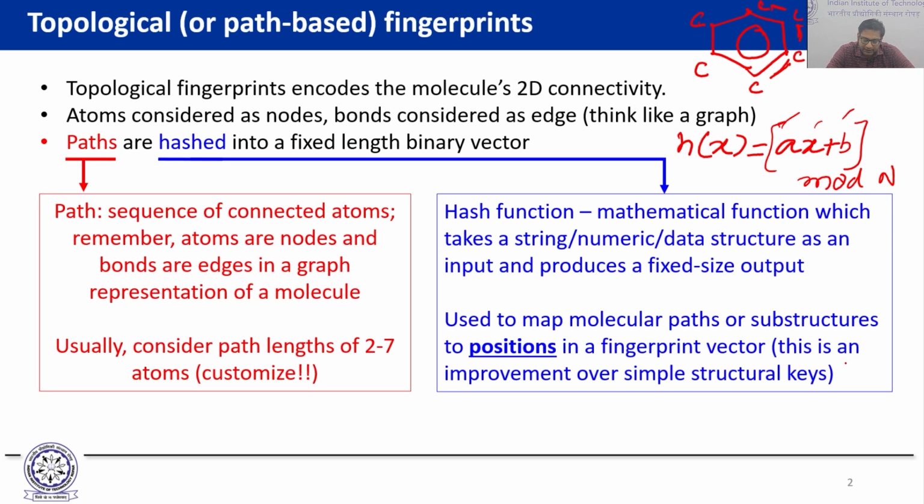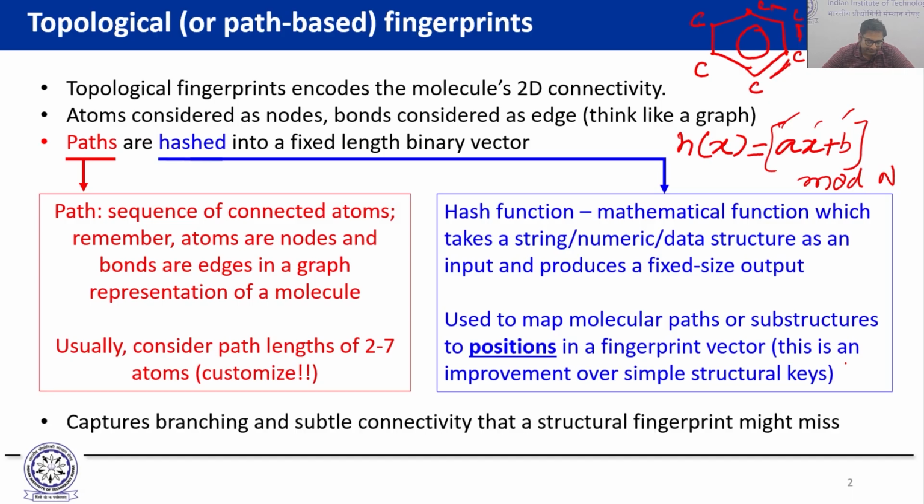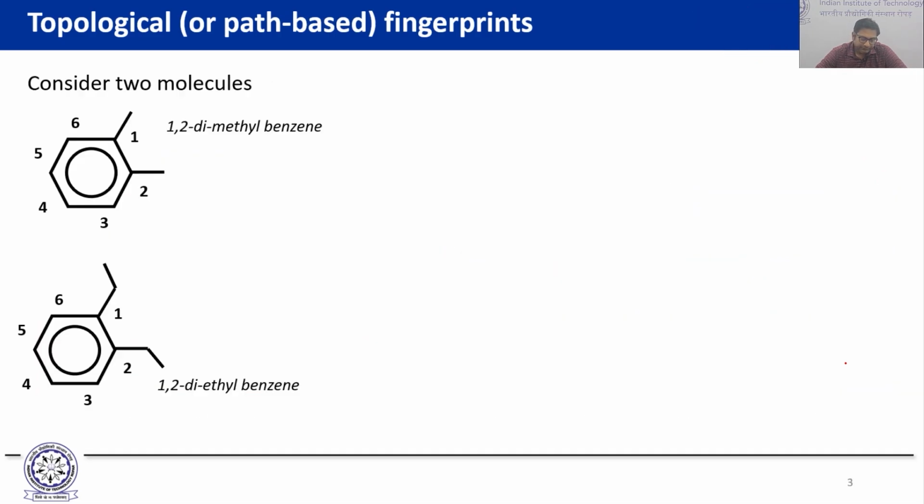And this is really a key improvement of this type of fingerprint over the very simplified structural key based fingerprinting methods. So by and large, when you are using a topological fingerprint method, you are trying to capture the branching and all of the subtle differences in the connectivity which the structural fingerprints can sometimes miss.